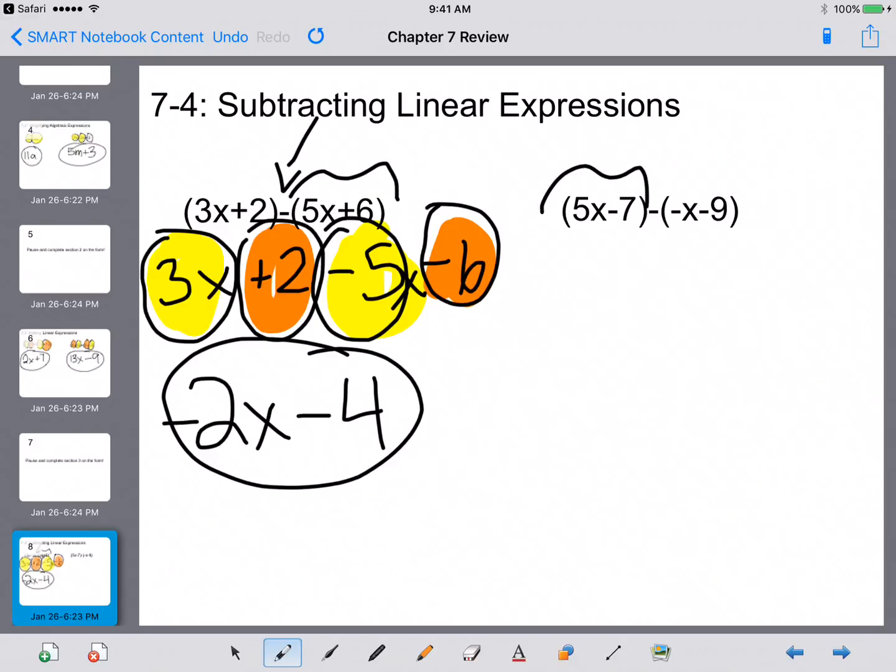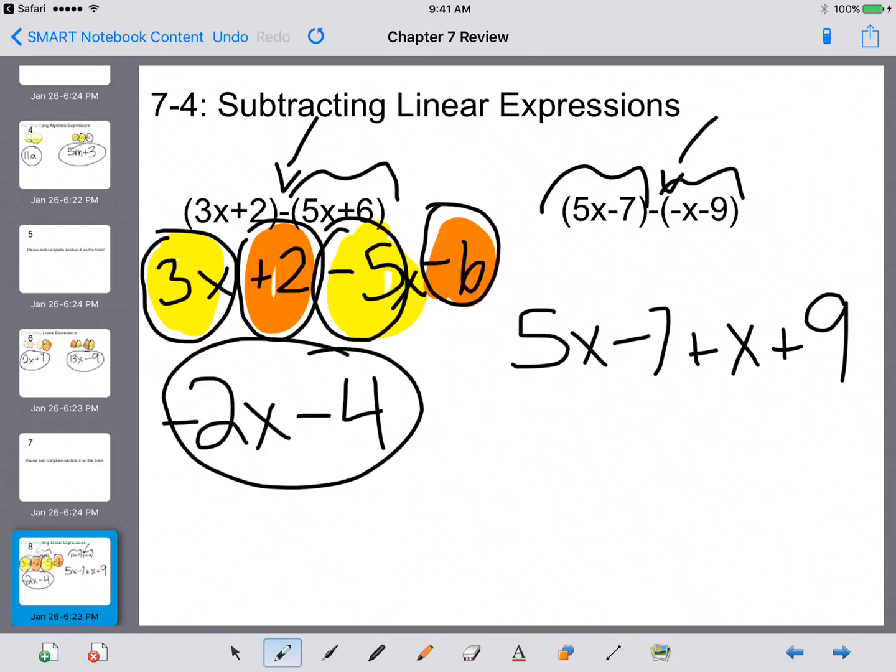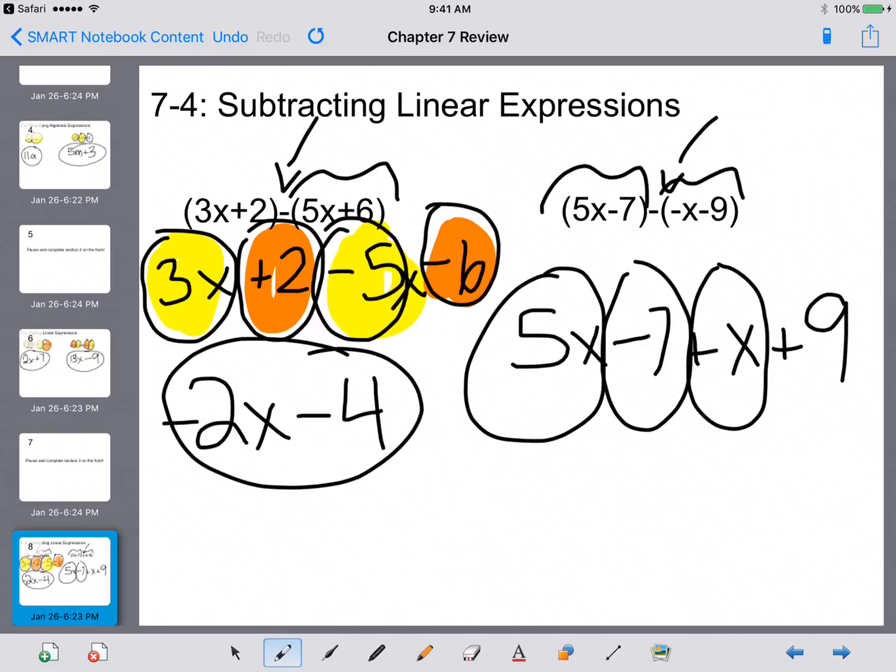And over here we do the same thing. Keeping our beginning parenthesis the same, we have 5x minus 7. This minus sign here tells us to flip the symbols of everything that's in the parenthesis behind it. So the minus x becomes a plus x, and the minus 9 becomes a plus 9. Once again, circle your terms. So 5x minus 7 plus x and plus 9.